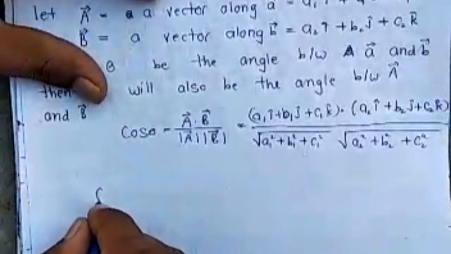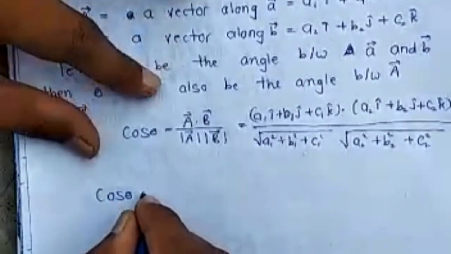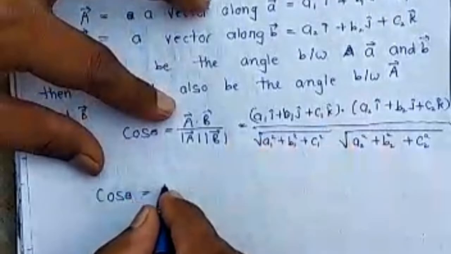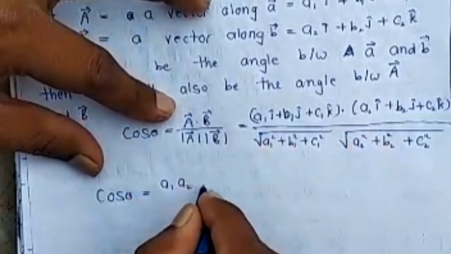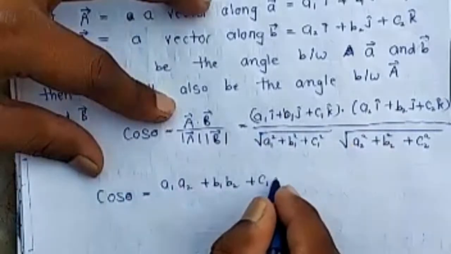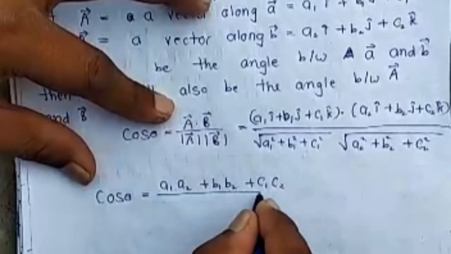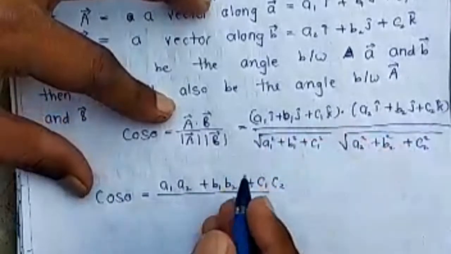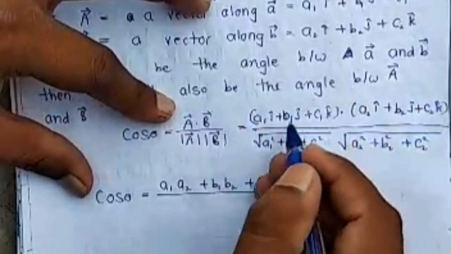Then cos theta equals the dot product of two vectors, which is A1 A2 plus B1 B2 plus C1 C2, because i dot i is 1, i dot j, i dot k is 0.